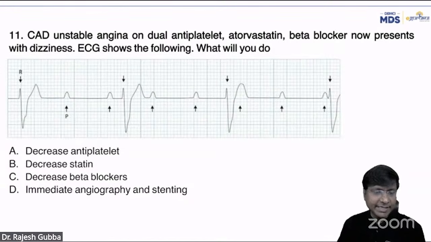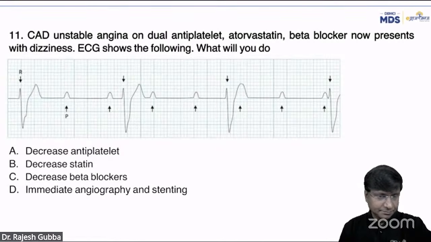So what do you think is the diagnosis of this ECG? Anyone? Diagnosis of this ECG? If you are able to make out the diagnosis, then you will be able to make out the answer for this question.